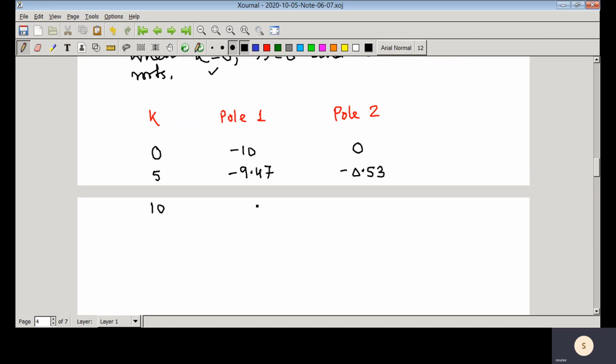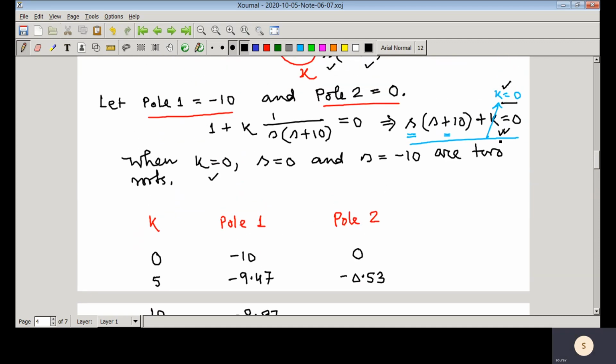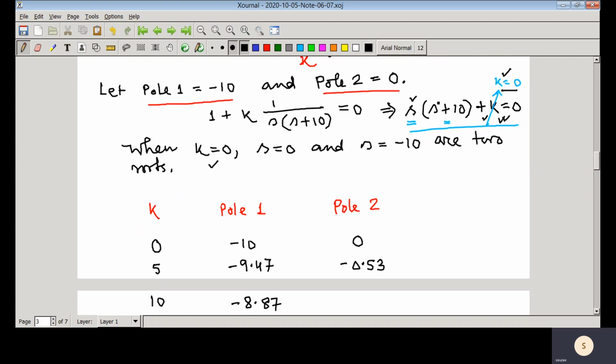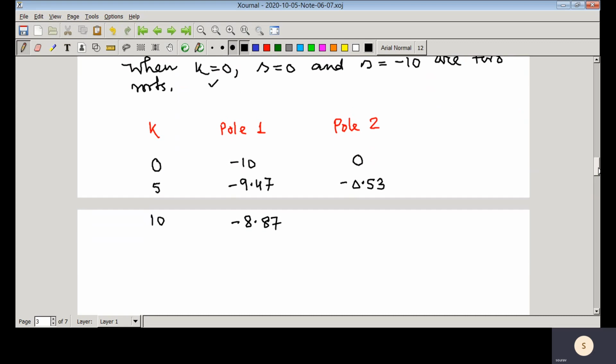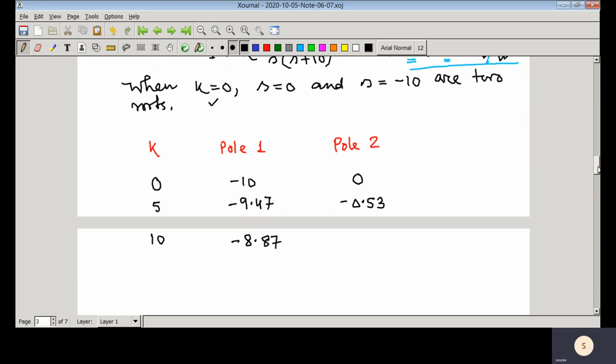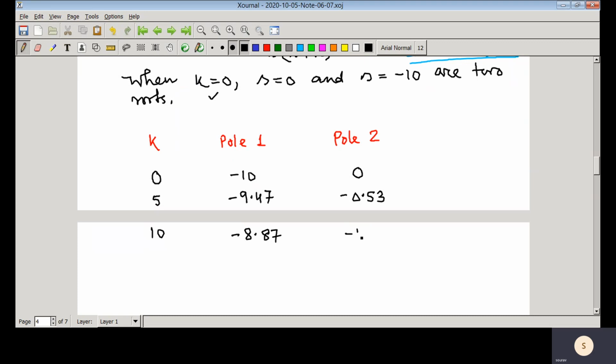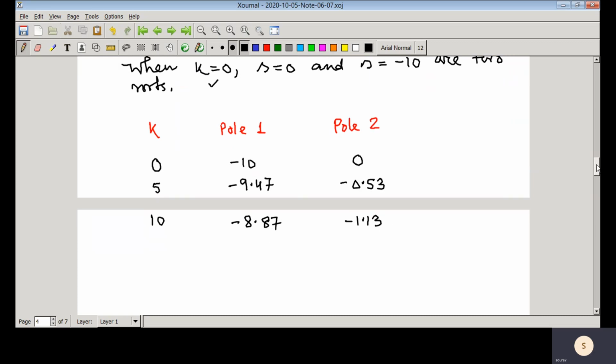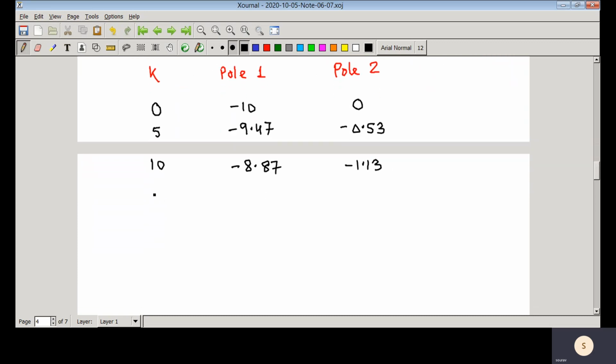Similarly, if we just continue like that, that means we are increasing the value of k. So whenever we are varying the value of k, what are the values of s1 and s2 so that the characteristic equation is satisfied? We get these values. We keep on increasing that value, and we are getting these values.